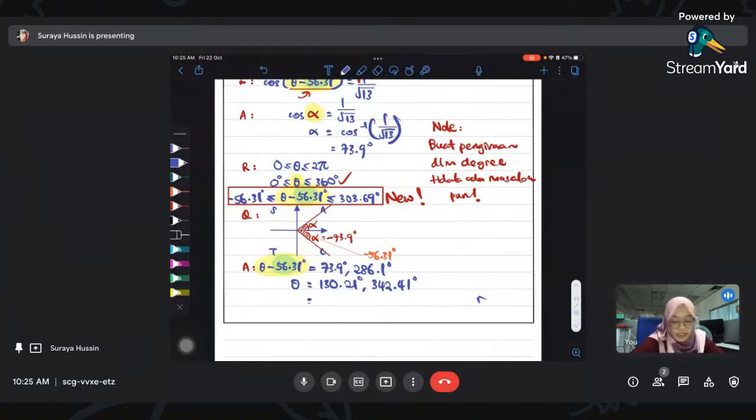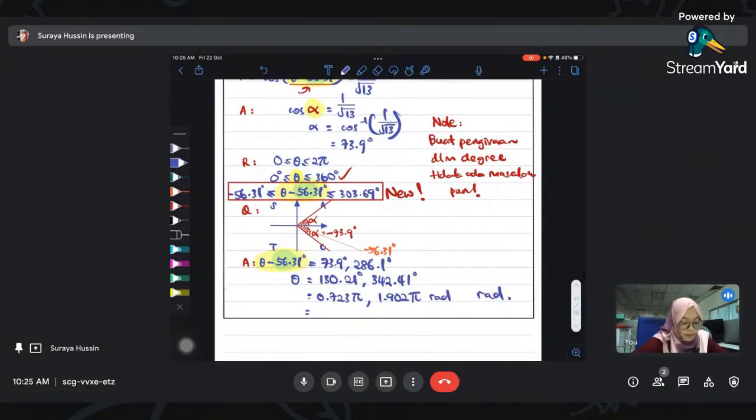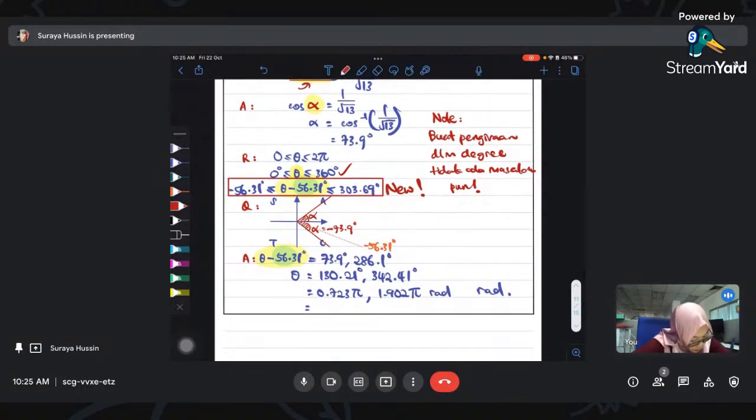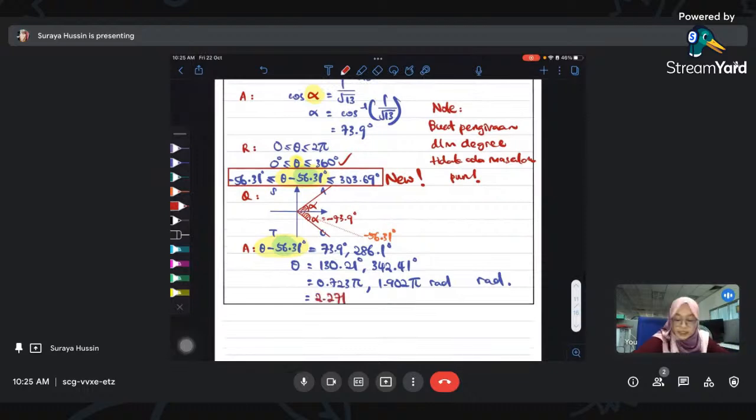So you change it into 0.723 pi and 1.902 pi rad, ataupun you juga boleh letak jawapan sebagai 2.271 radian ataupun 5.975 radian. You boleh letak salah satu sahaja, okay?